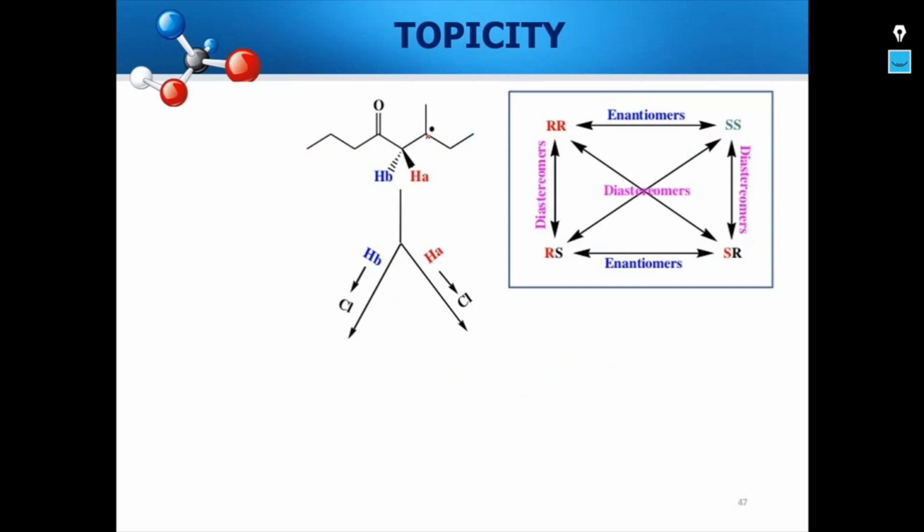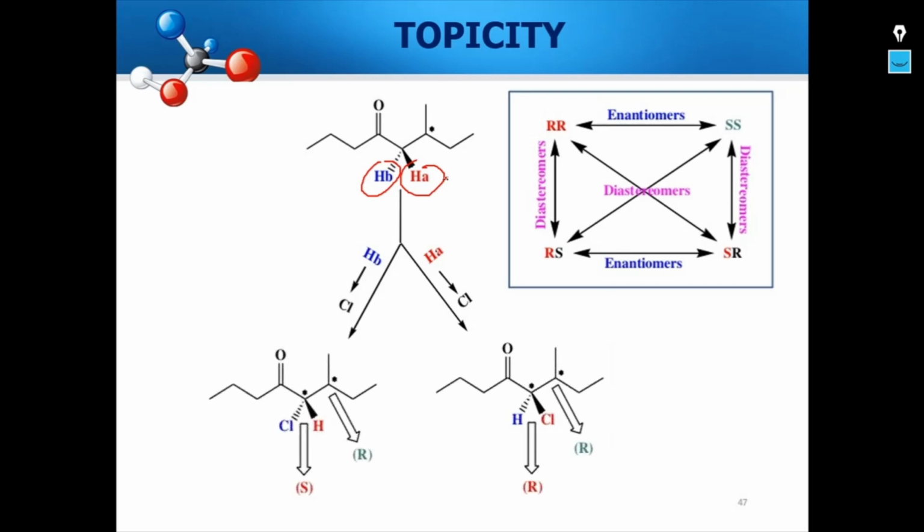Again, in this particular example, we have a chiral center, we have an adjacent carbon, we have two hydrogen atoms, and if we replace these two hydrogen atoms with chlorine, we end up with two molecules, and the relationship is diastereotopic.